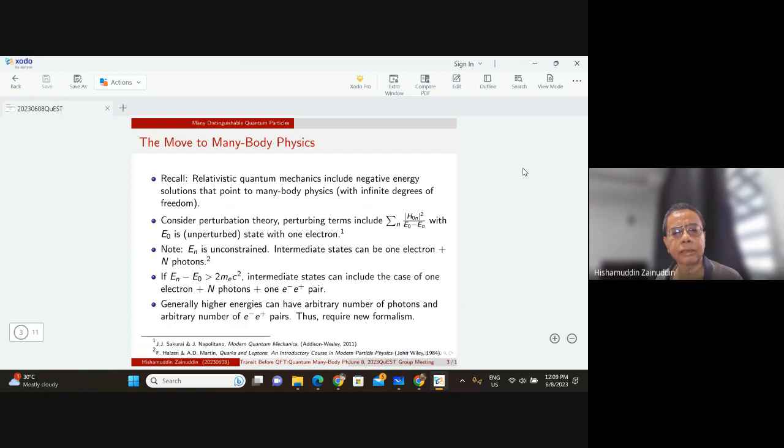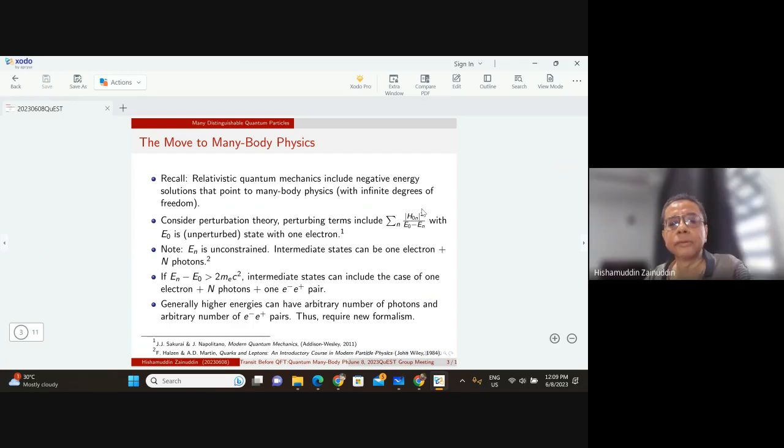Okay, so let's also try to justify this. How do you get the idea of many particle states in relativistic quantum mechanics? Essentially, one could begin with the single particle Schrodinger equation and do perturbation theory. Can you see my cursor?